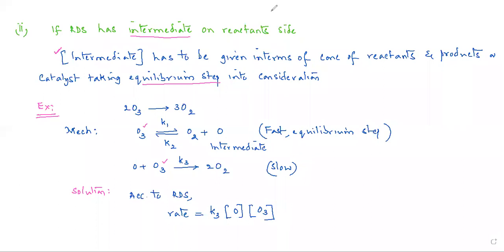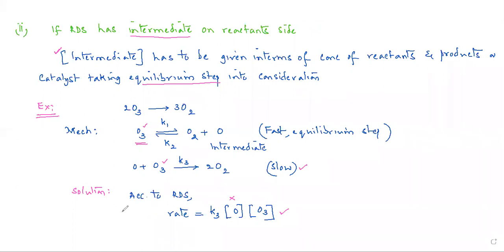From this step, the slow step of the reaction, I've written the rate expression. But the point is, you got something which is unwanted, this, right? One more thing is, you got another molecule of the reactant even in the fast step, right?